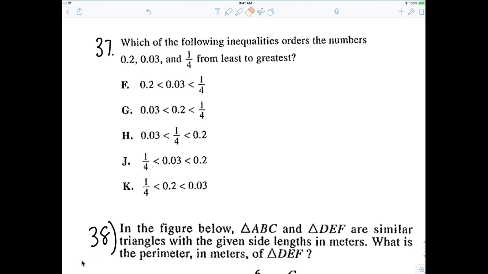So now I recommend that you cross out things that don't start with 0.03 so I don't make a careless mistake. Now it's just a matter of, is 1/4 or 0.2 smaller? 0.2 is, because 1/4 is 0.25. So we know now that the answer has to be what? It has to be G.